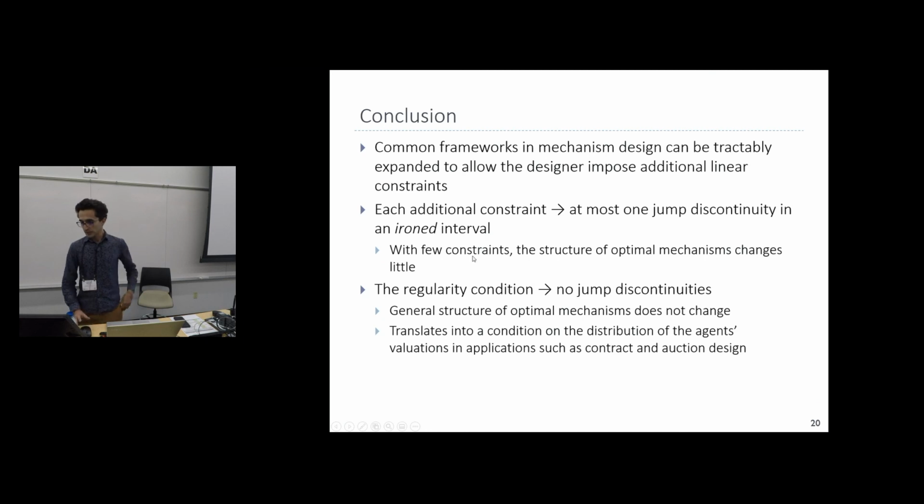With few constraints, the structure of the optimal mechanism changes only a little bit. This is our observation from looking at the applications that we consider. We also have a regularity condition in applications such as contract design and auction design that guarantees non-existence of these jump discontinuities, and therefore the general structure of optimal mechanisms does not change under this regularity condition.